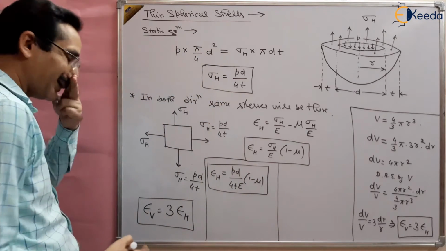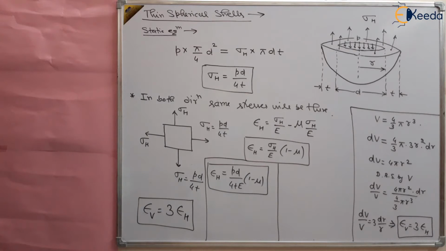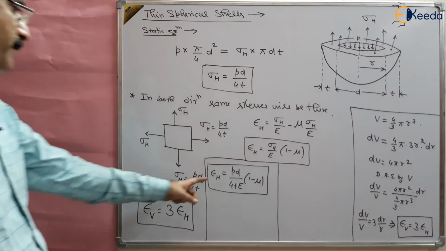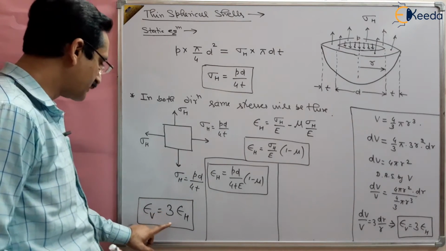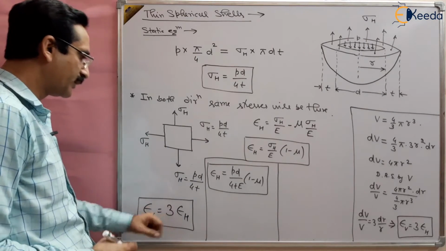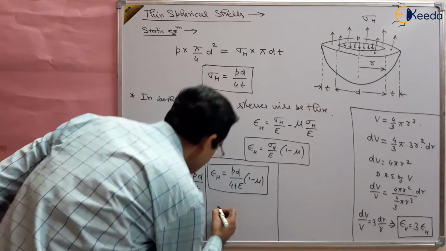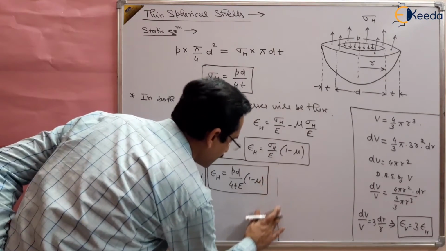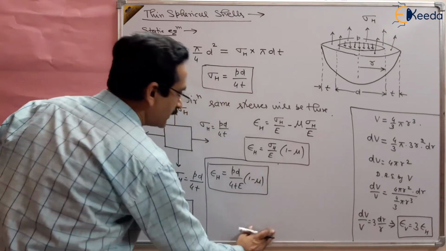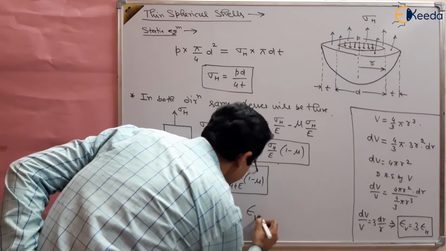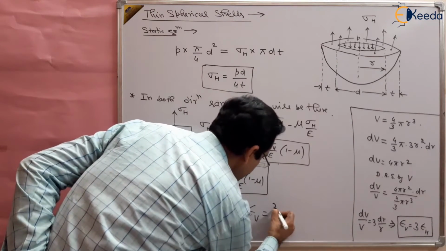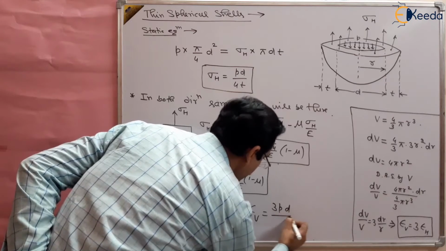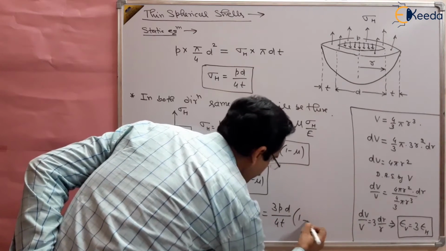Put the value of this and you will get the volumetric strain. Volumetric strain is 3 times the hoop strain, so you will finally get the volumetric strain as 3 times this value, so 3PD by 4TE (1 minus mu).